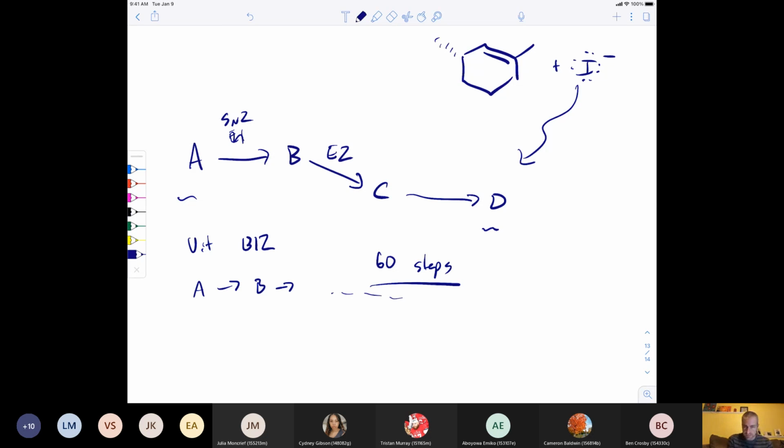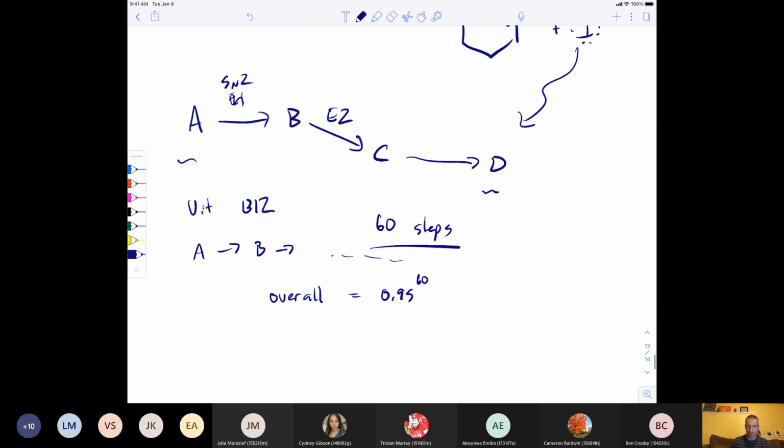And if you think about yield, let's say every step was 95% yield, the overall yield would have been 0.95 to the power of 60, which is really close to zero. So it was a difficult process, but apparently it took over 200 students and postdocs working on this project to get it to work.